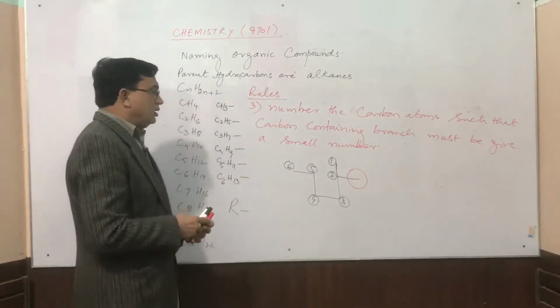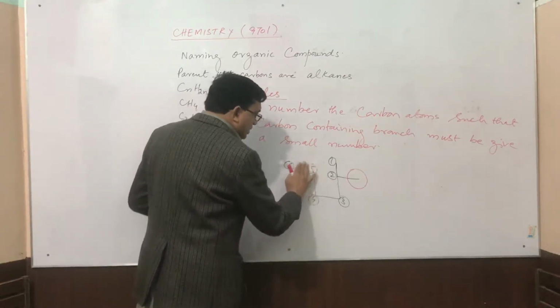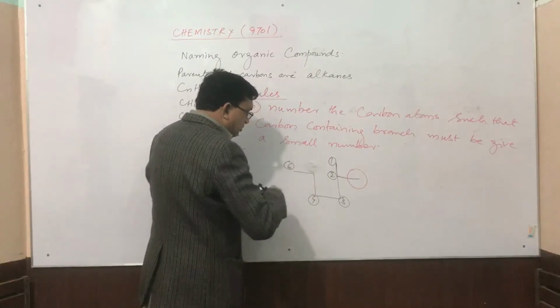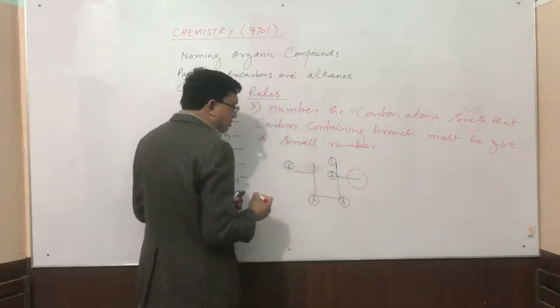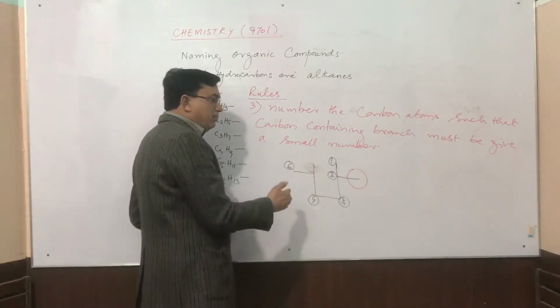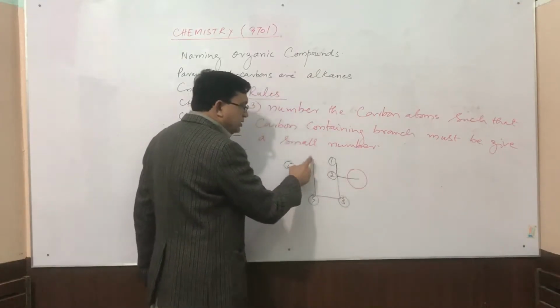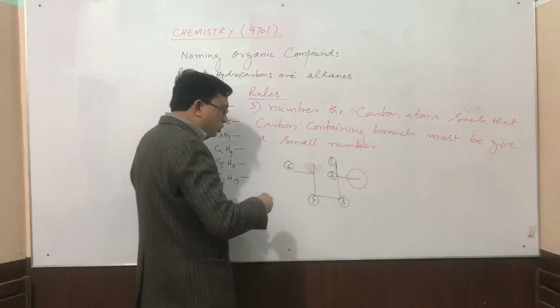Now if there is some case that a branch is present here also, then this will become a competition between the branch containing carbon atoms from both sides.